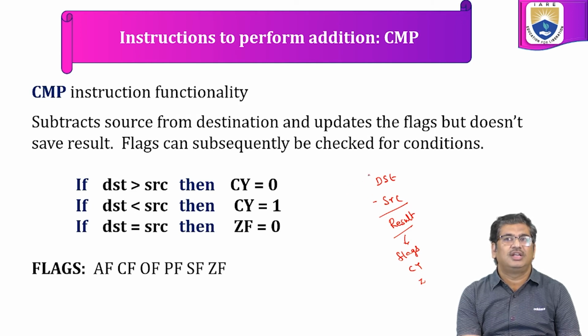As a borrow is needed, it is going to reflect in the carry flag. If both the source and destination contents are the same, the result is 0, which is going to set the zero flag as 1. The flags that will be affected mainly are the auxiliary flag, carry flag, overflow flag, parity flag, sign flag, and zero flag.